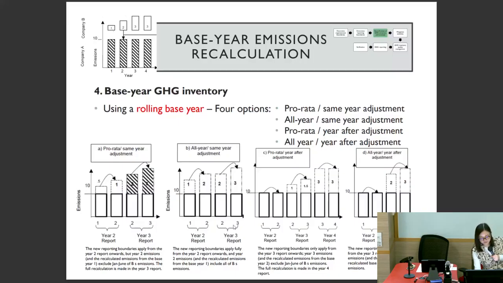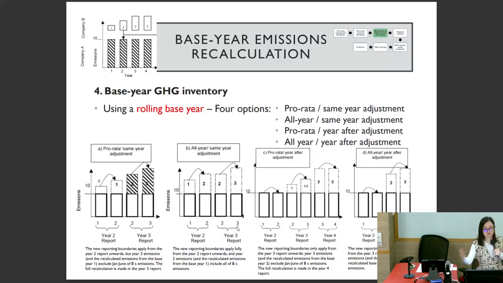And then for year 3, the base year is now updated to year 2. And by the end of year 3, company A will also own company B. So company A will be responsible for 100% of the emissions. So 100% of 3, and then for year 2, 100% of 2 will be 2.